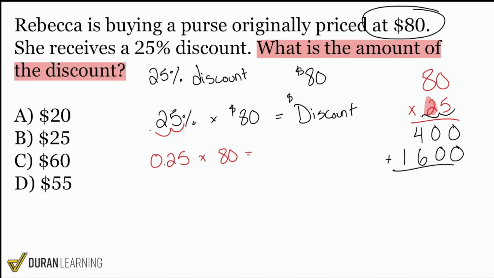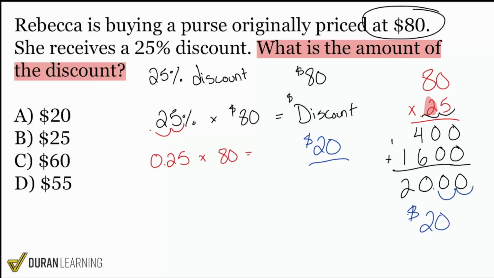And then from there, we add everything back nice and easy, and we'll have 0, 0, 10, carry the 1, and then 2. And just like we already said, we'll bring back 2 decimal places, 1 and 2. And so our final answer for the amount of the discount itself is $20. And there we go. Booyah, we're good.